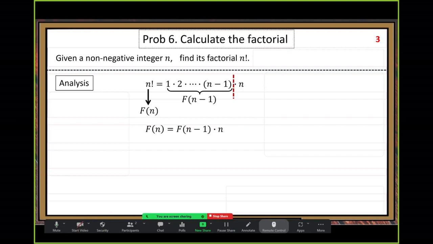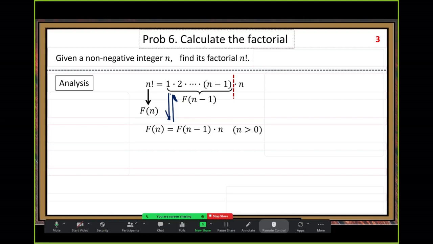Here n is greater than 0. Do you believe this formula is correct? You believe it, right? Because it is equivalent to the original formula. Yes, it's correct.